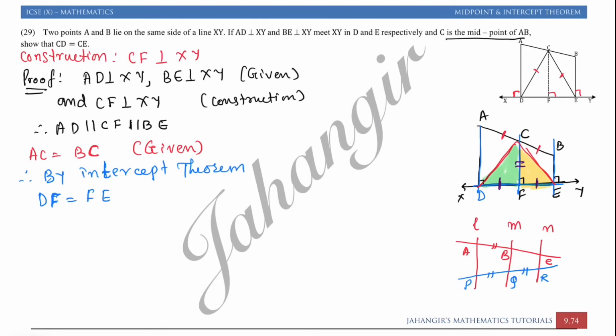This is the common side. So the triangles are congruent by side angle side. So I can write all steps in triangle CFD and triangle CFE. We can say DF is equal to FE. Proved.